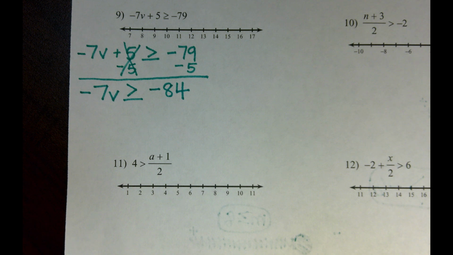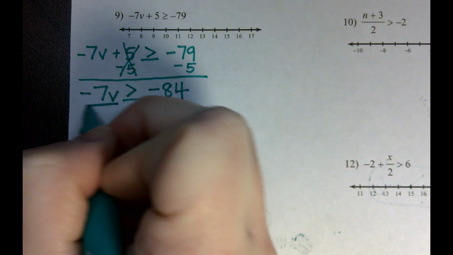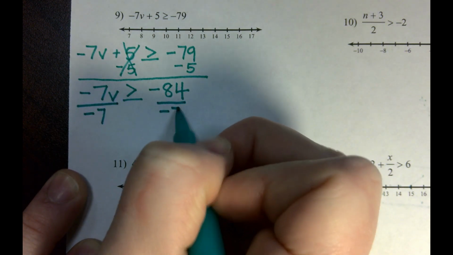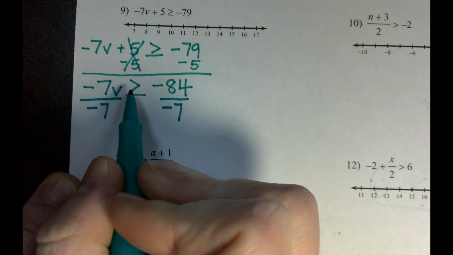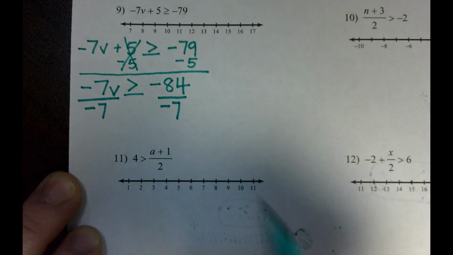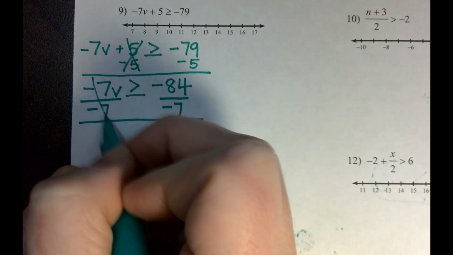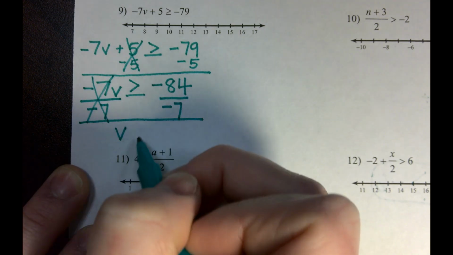What happens next? You divide by -7. Yes, divide by -7. And we are dividing by a negative number here. So what happens to our sign? We flip it. So instead of greater than or equal to, what does it become? Less than or equal to.